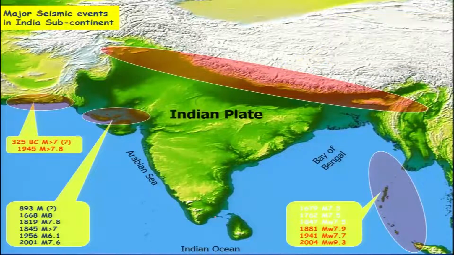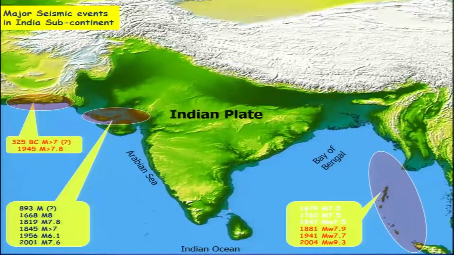And as I was talking in my previous slide, this zone, that is your Indo-Gangetic plain area, is extremely vulnerable to ground shaking. So, this is your Indo-Gangetic plain. Nevertheless, the region along the Himalayan zone will also be affected by the large magnitude earthquakes which are triggered along the plate boundary.